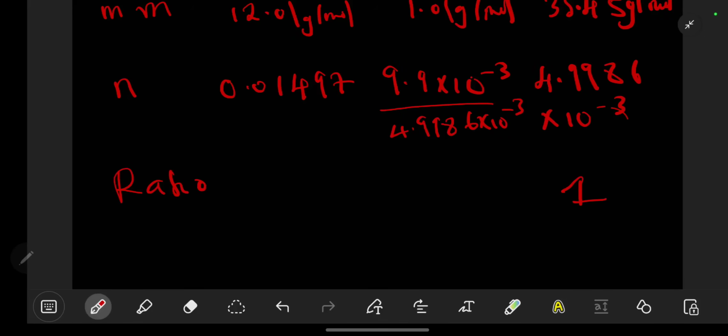Then we are going to get a value equivalent to 1.98. Then the last value, when we divide, we are just dividing throughout.